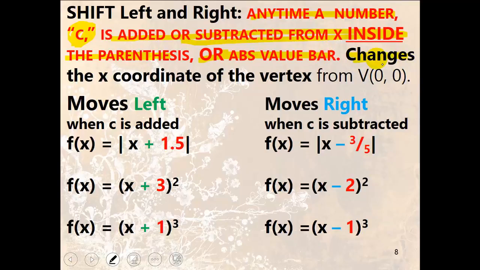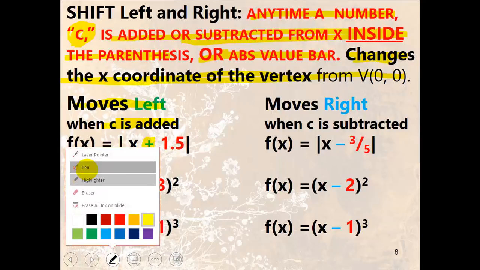This has significant changes on the x-coordinate of the vertex. All right. And you have to think through this. A shift left is going to happen when C is added. Left is when you have a plus sign in between whatever's between the bars or the parentheses.